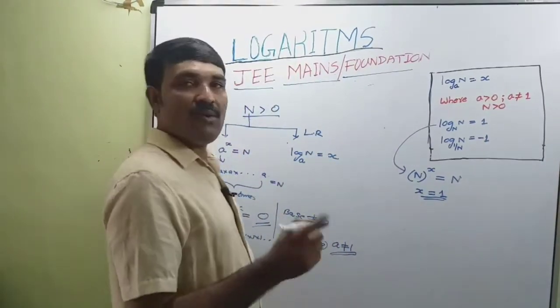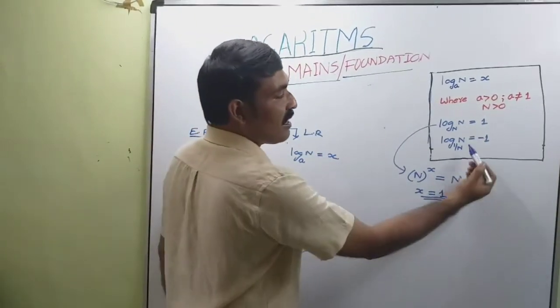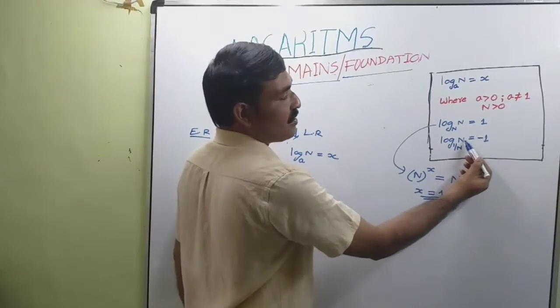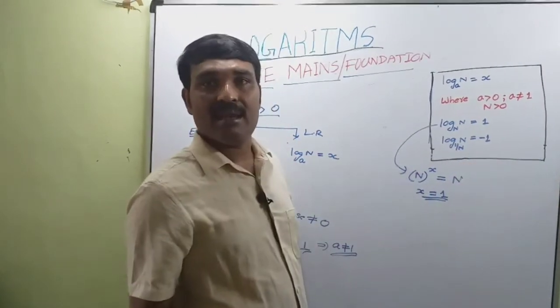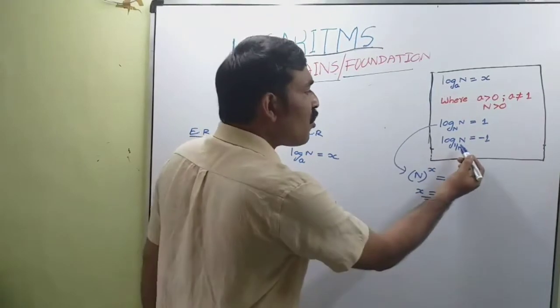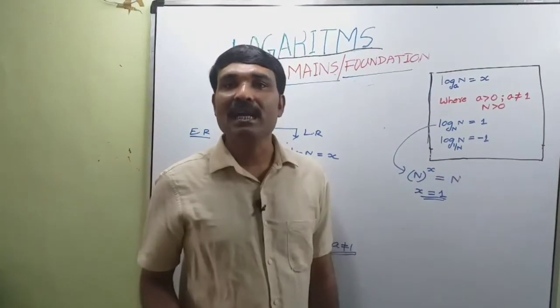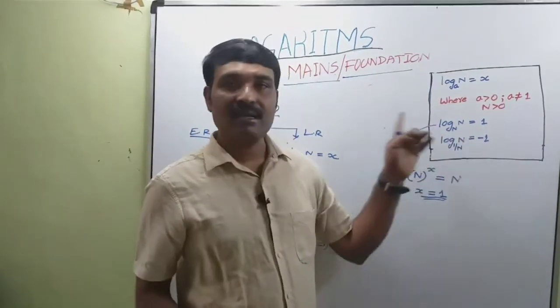Now, consider this property. Logarithm of n to the base 1 by n. Right. So, how many times 1 by n is multiplying so as to get n?